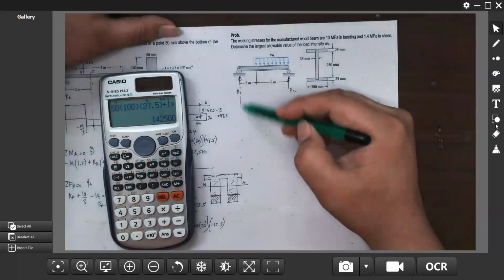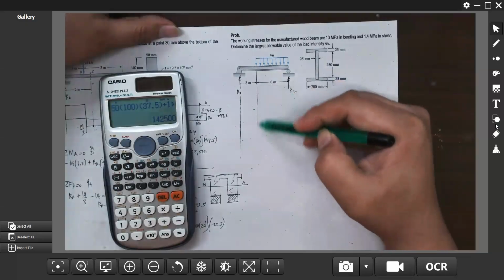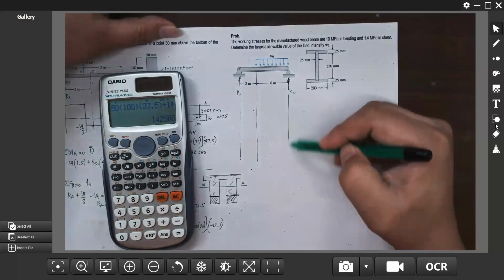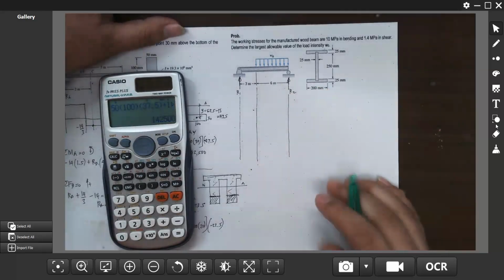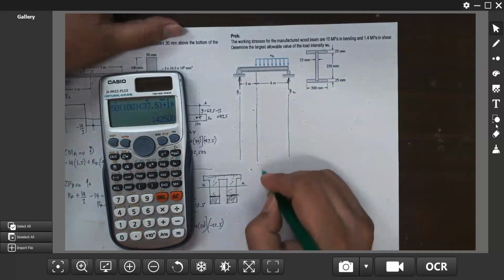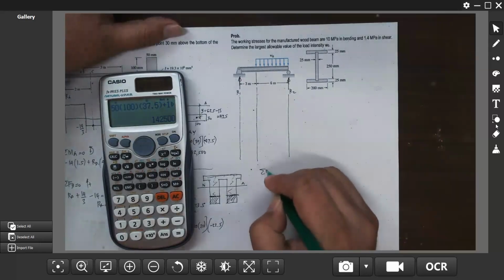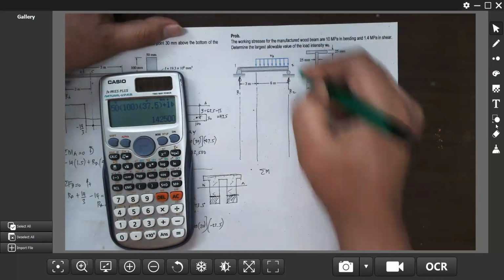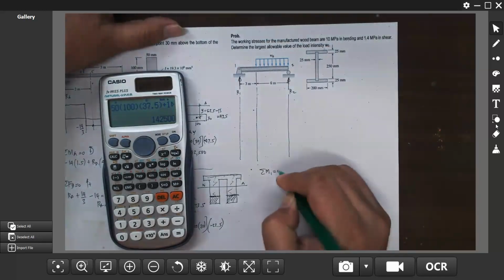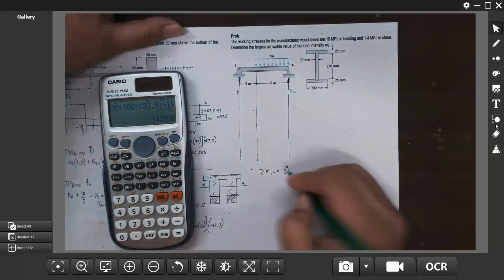Okay, summation of moments at 1 equal to 0.